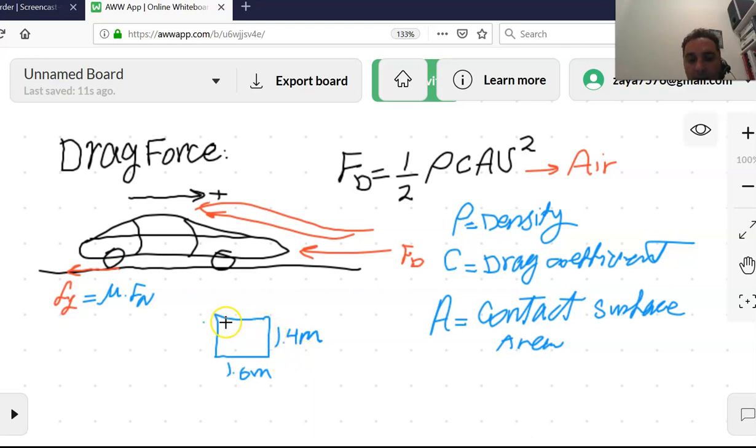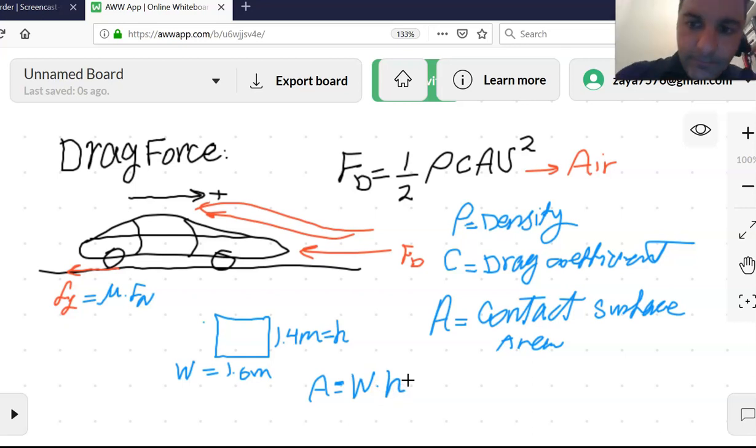So the contact surface area is from the side. So this is the width of the car, and this is also the height of the car, correct? So the area will be width times height, or length times width.